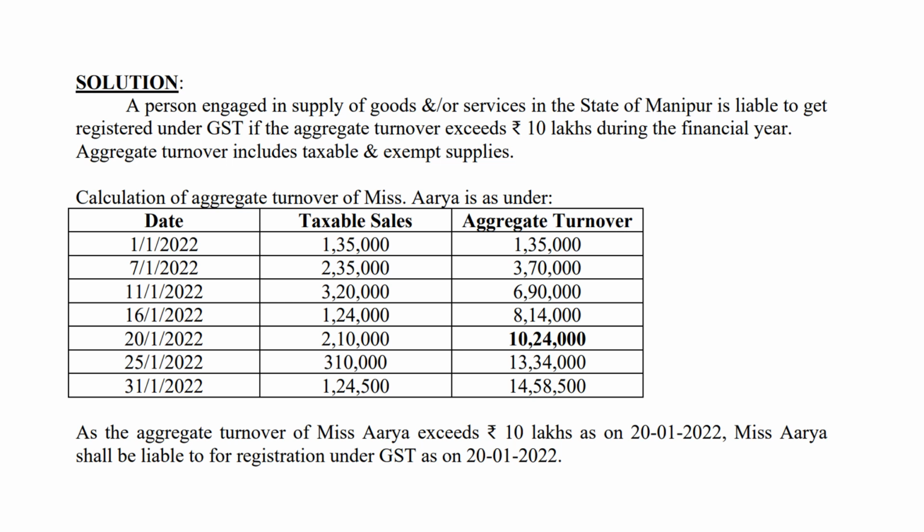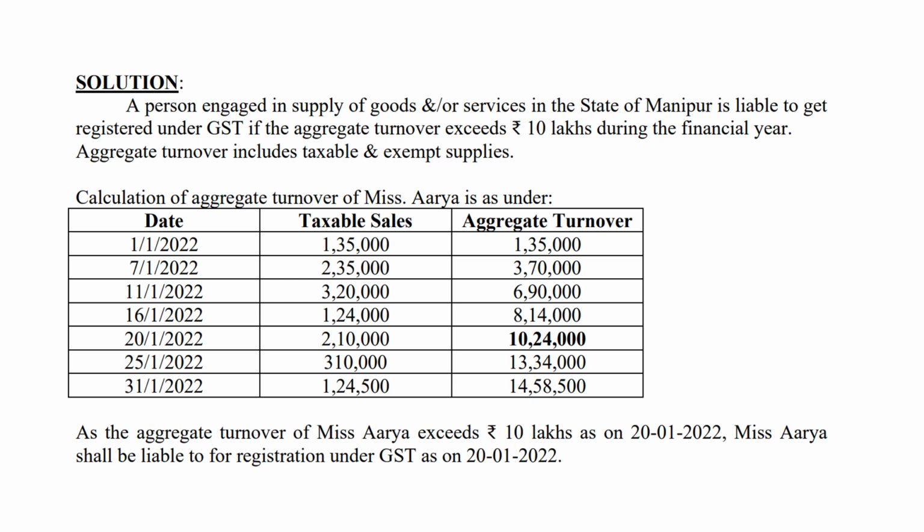So taxable sale for 7/1/2020 is 2,35,000 plus aggregate turnover of 1/1/2020 is 1,35,000. So when you total these two, you will get 3,70,000. Then see, on 11/1/2020, 3,20,000 plus 3,70,000 of 7/1/2020 you have to add on, and you will get 6,90,000.